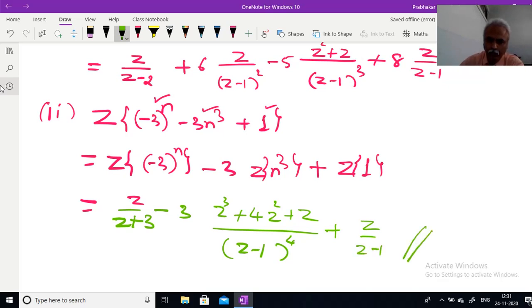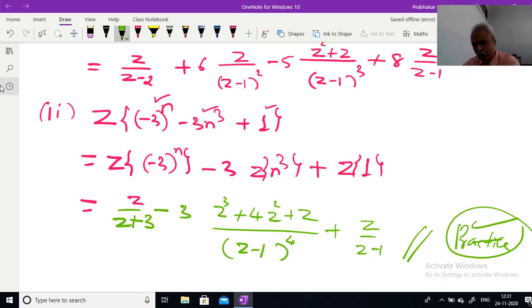Whatever we have done today, you practice and be ready with pen and paper, and we shall go ahead with better Z transform and better properties. Today we found what is meant by Z transform, from n domain to Z domain. Because it is discrete, instead of integration we take summation.